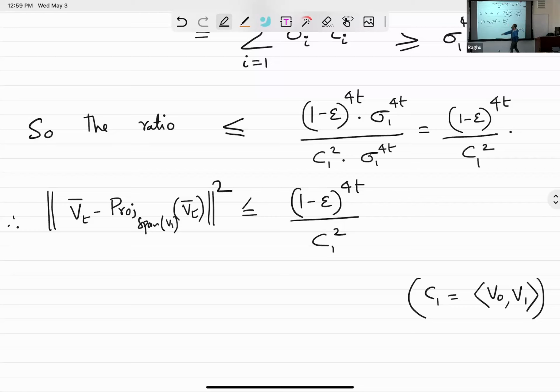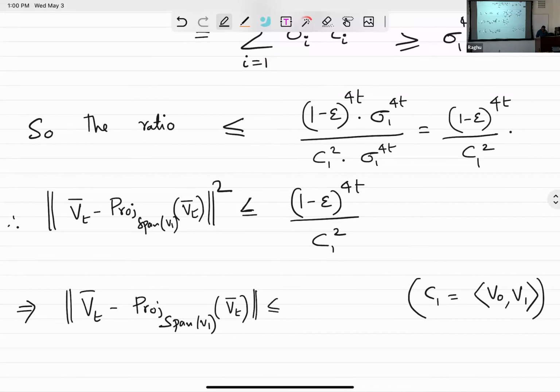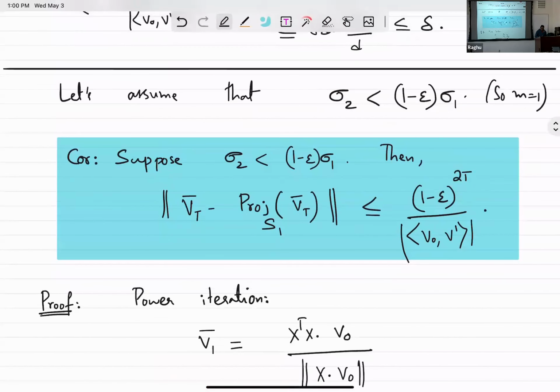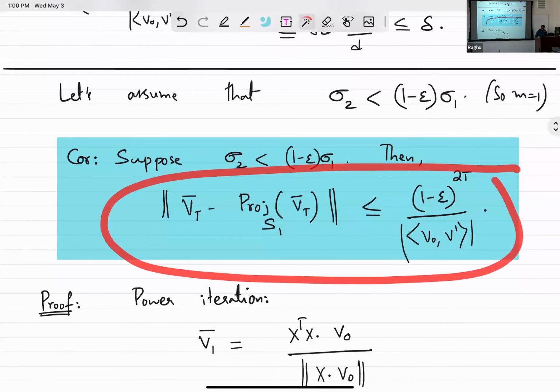So in particular, the length goes down as 1 minus epsilon raised to the power 2t divided by C1. Right, and this is what we wanted to prove in our corollary.